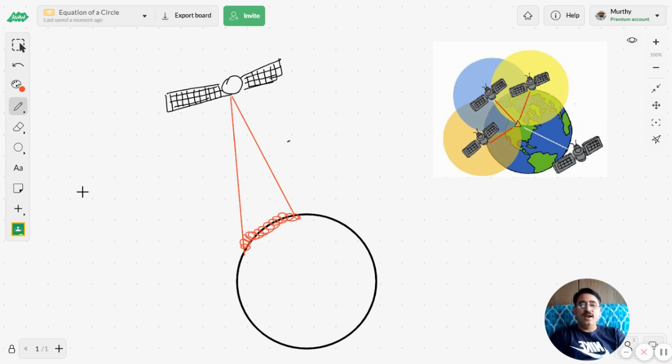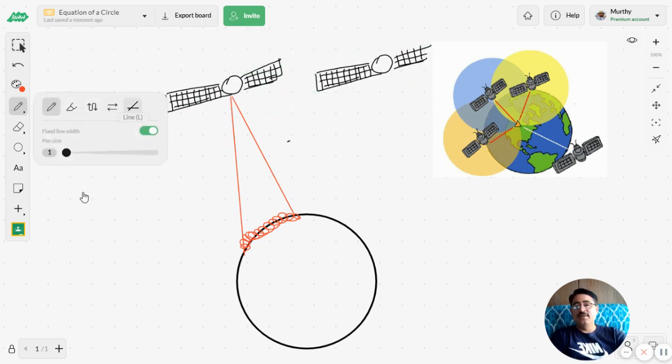Next, let me take another satellite, and this is focusing this way and this way.